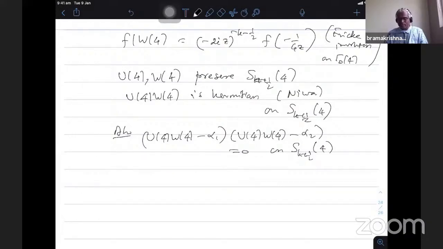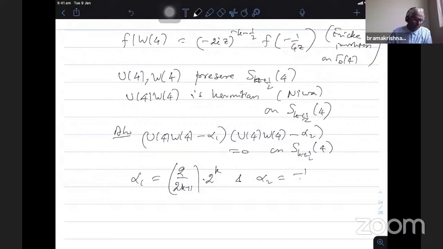Therefore, one can find the roots alpha_1, alpha_2, and this is satisfied for any function f in S_{k+1/2}(4). So here alpha_1 is given by the Kronecker symbol (2 / (2k+1)) times 2^k, and alpha_2 is in terms of alpha_1, minus half alpha_1. So one can compute this one.